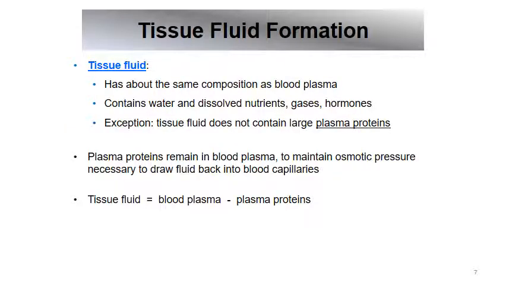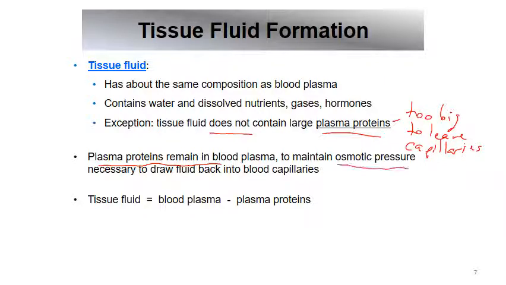So the tissue fluid, again, the fluid that is around our cells, around our capillaries, outside, it's about the same composition as blood plasma. It has water, nutrients, but it does not contain proteins. Proteins are too big to leave the capillaries, but that's a good thing. You want them to stay inside the capillaries, so it says here plasma proteins remain in the blood plasma to maintain osmotic pressure.